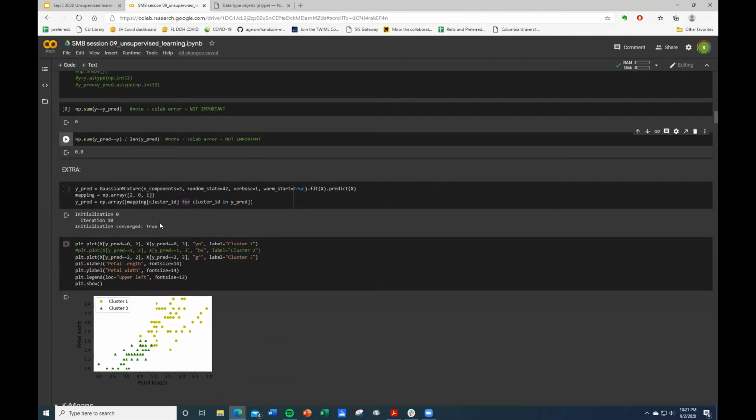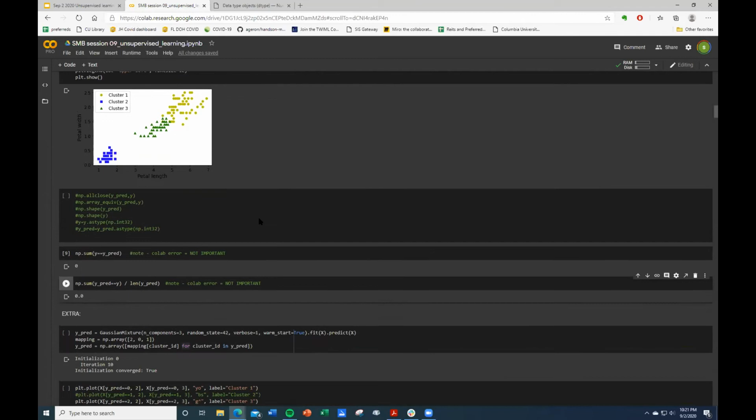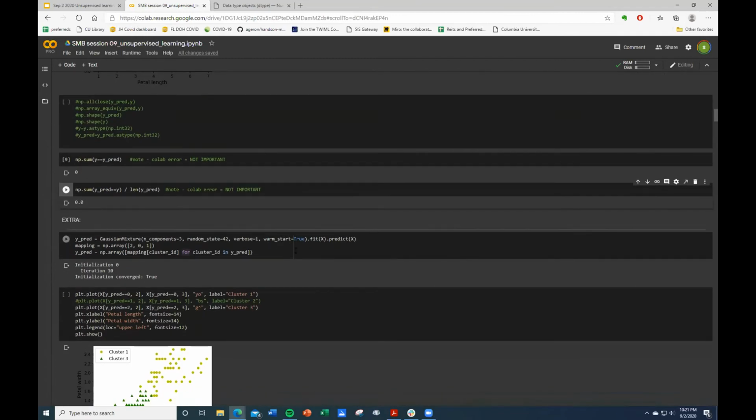So if you actually look at the scikit-learn documents, you can add different tags. There's the verbose tag, which gives you a look into what the process is doing, and warm start versus cold start. We've already trained it somewhat here, so we can use that data instead of just starting over from nothing with a new random initialization by using warm start true. So I just threw that in for fun.